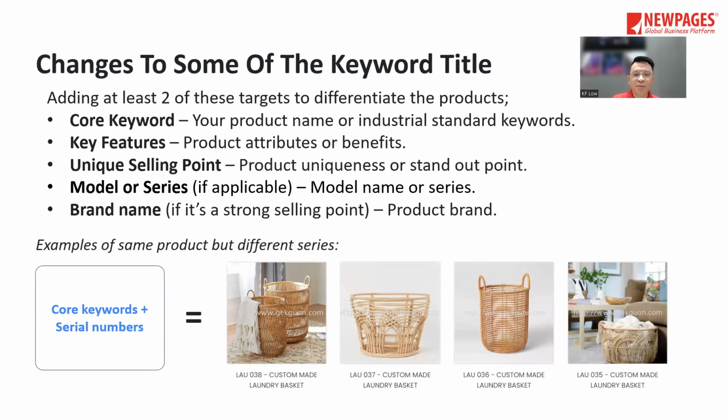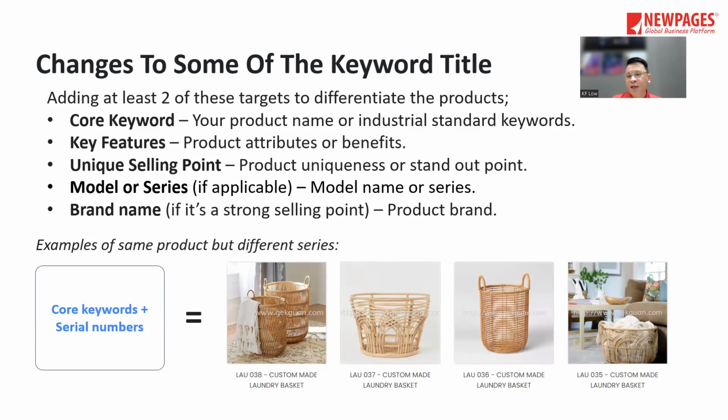Sometimes it's difficult when it comes to your product name. It's already laundry basket, and there are no other keywords that you can replace laundry basket with. So what they do is combine it with a serial number, their serial code. There are 4 product postings, with 4 different serial codes.